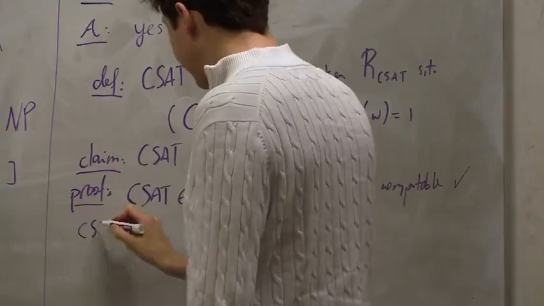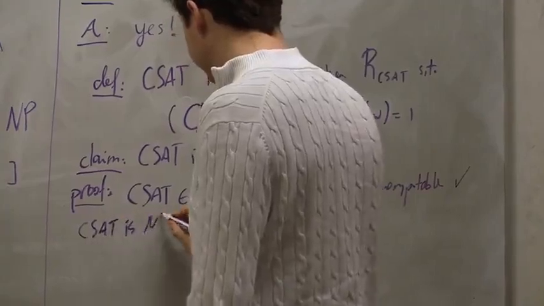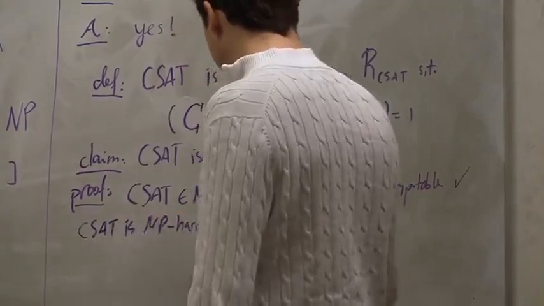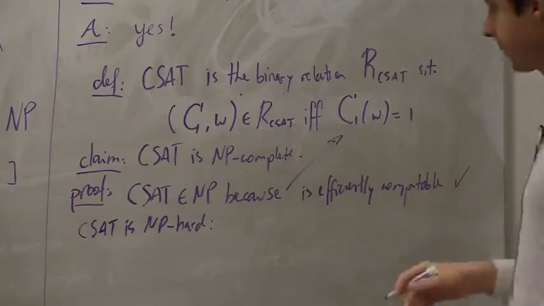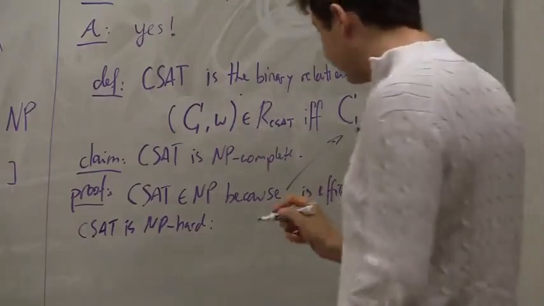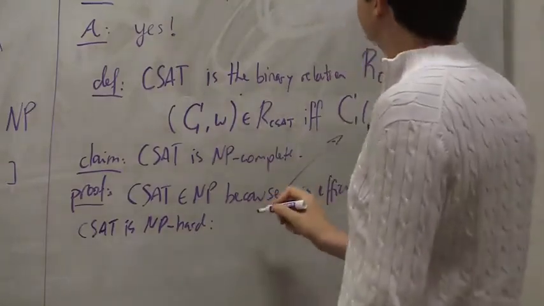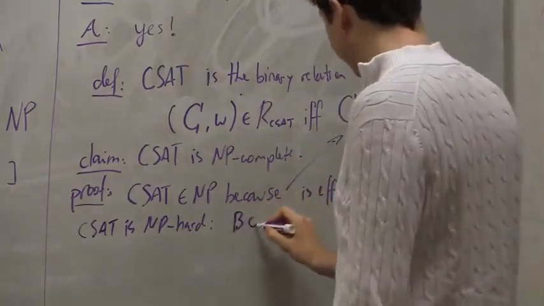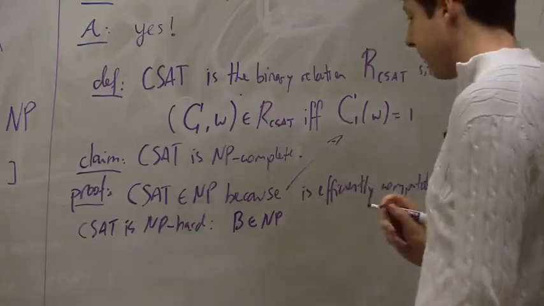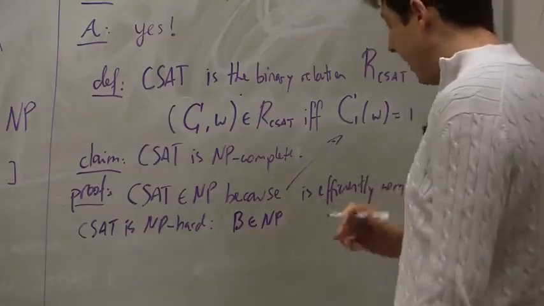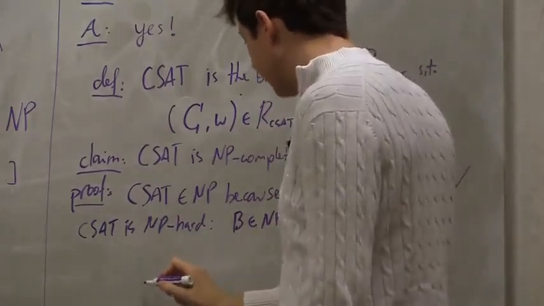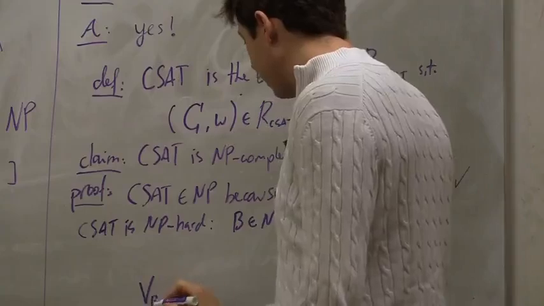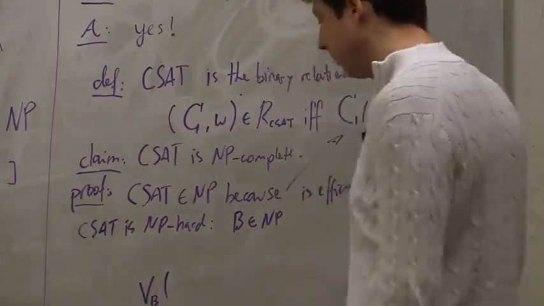But CSAT is also NP hard because everything in NP can be reduced to it. And how can we see that? Well, pick some problem B in NP. Because it's in NP, the relation of B will have a verifier.